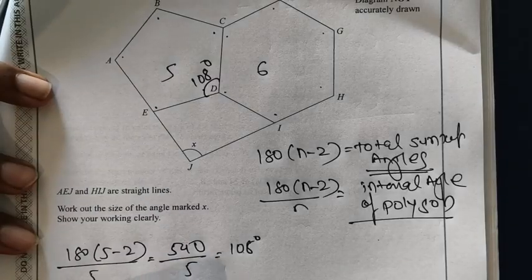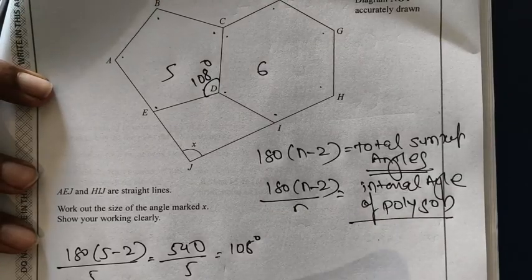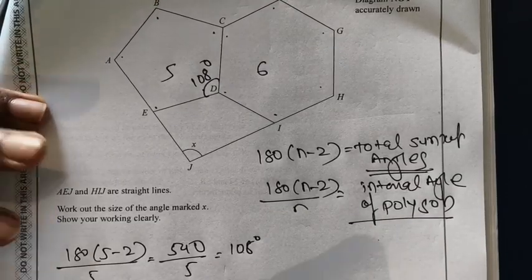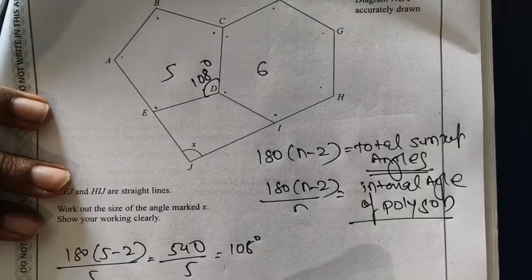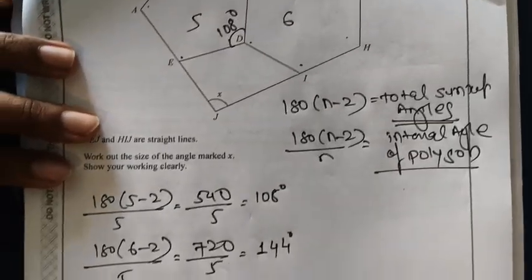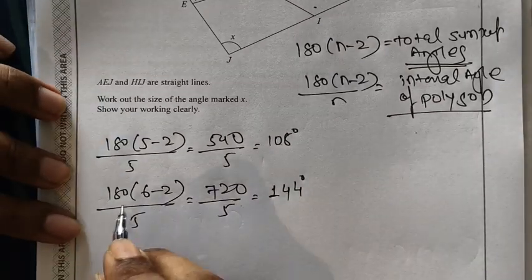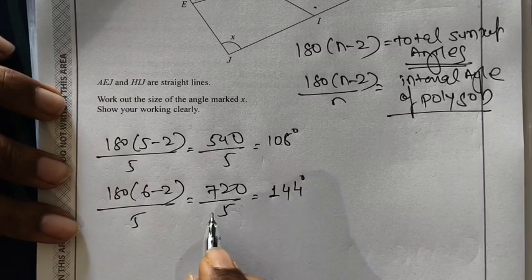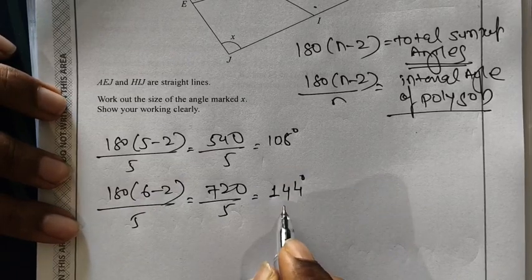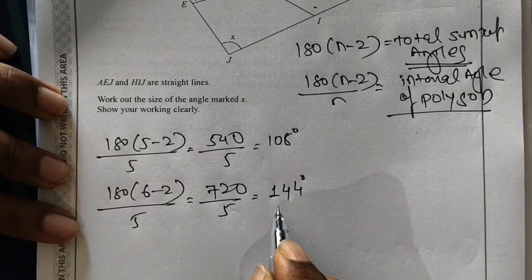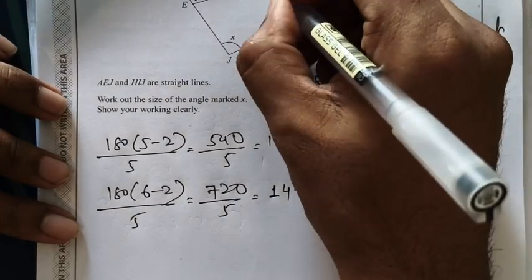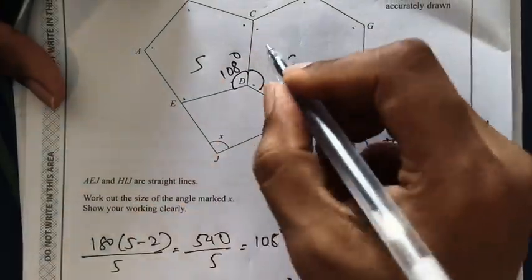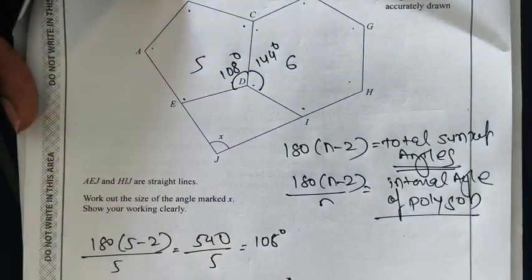For the hexagon, 180 into 6 minus 2 upon 6, which makes it 720 upon 6, which makes it 120 degrees. Correct? So this angle here is equal to 144.